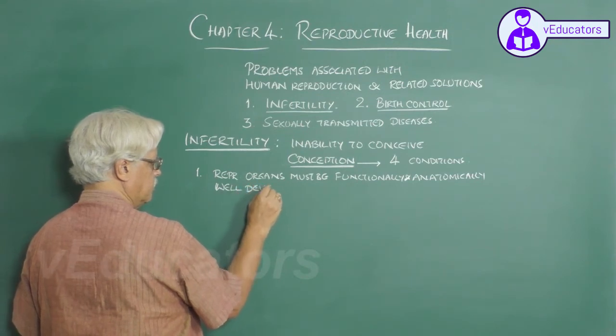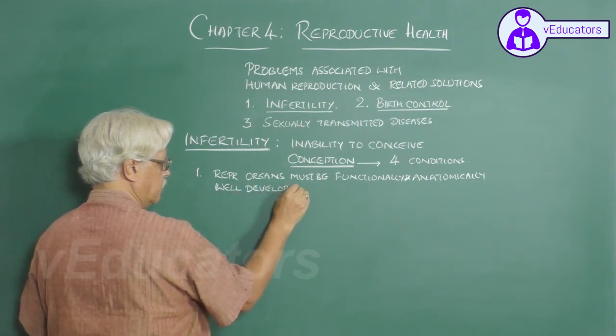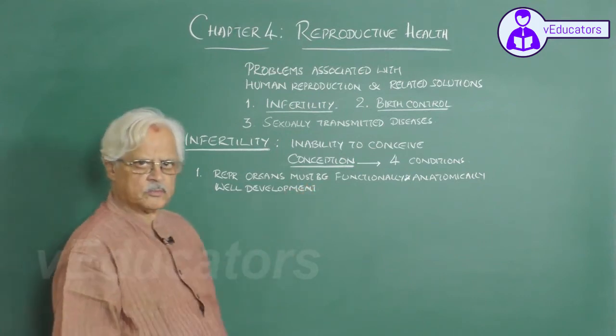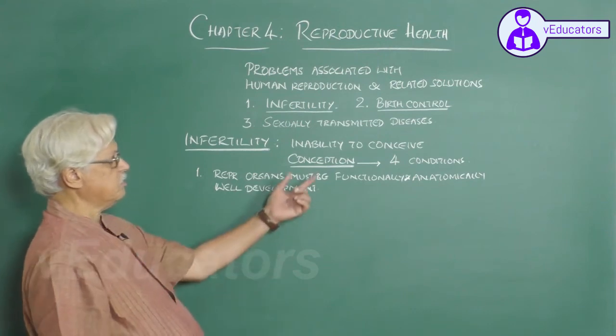So both in the male and the female, the reproductive system should have reached normal development if conception has to take place.